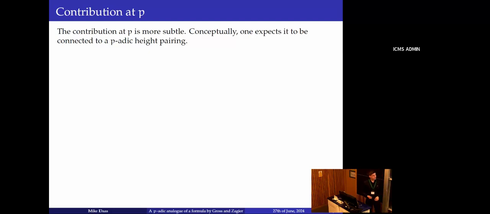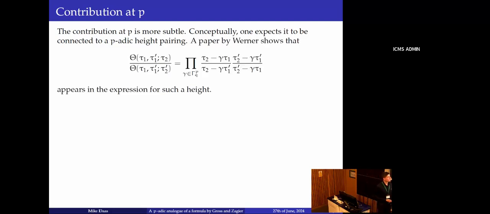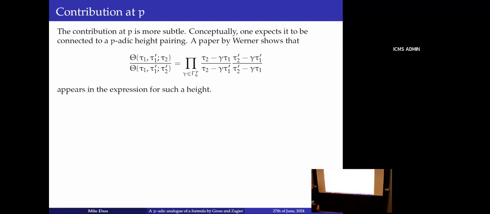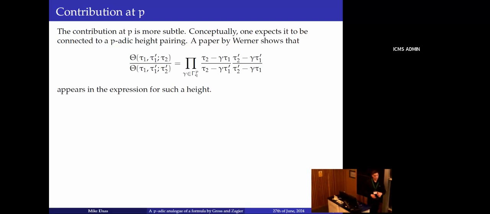And there is, in fact, a paper by Werner which shows that this quotient of p-adic theta functions is related to a Schneider height on the Jacobian of certain Mumford curves. But you don't even need to know this conceptual justification. You can just perform the computation, see what the contribution at P is.